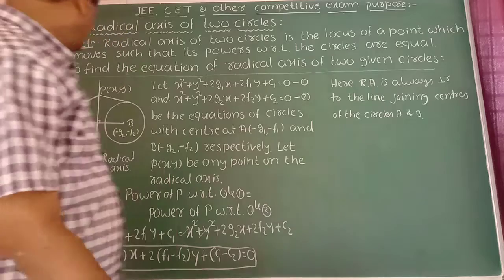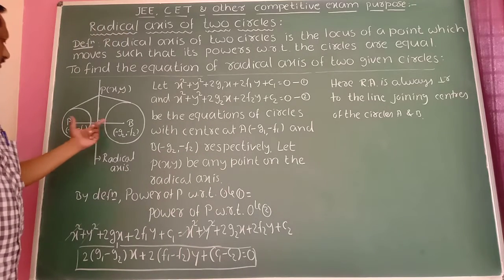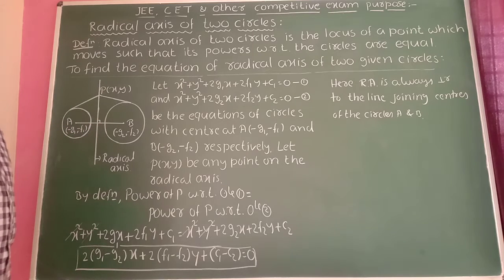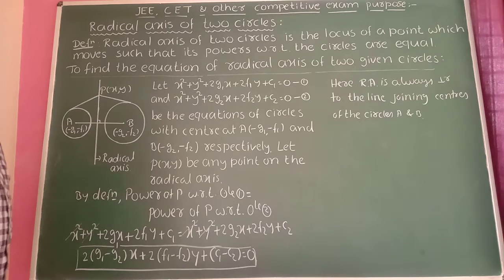Here this is a line joining the centers of the circles, and this is a radical axis. Both are always perpendicular to each other. You can prove this result here.